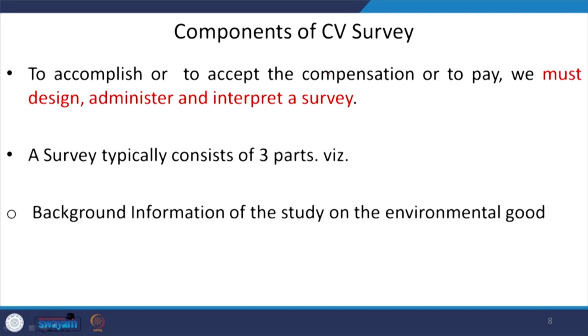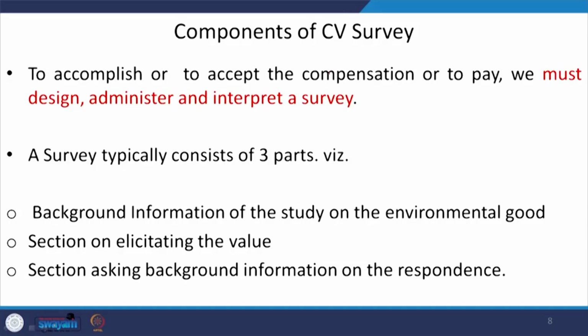What will we be highlighting in order to conduct this CV survey? The first one is the background information of the study on the particular environmental good. What exactly would be this environmental attribute that we are interested to value? The second one could be the sections on eliciting the value: how we are going to elicit the value of that environmental attribute.